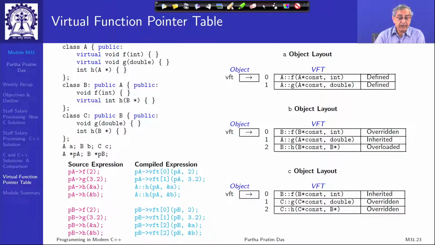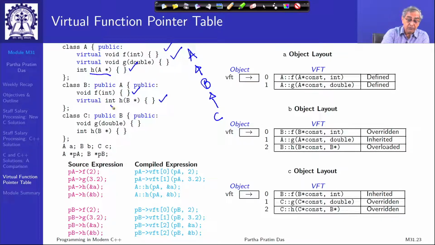So, before I close, here is a little bit longer example. This we had seen before. C is a B, B is an A, and we have two virtual functions here and one non-virtual. Here f has been overridden, G is simply inherited, and H has been overridden plus overloaded, because the parameter type has changed.